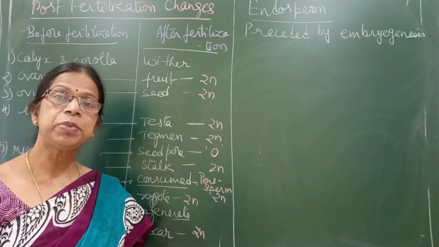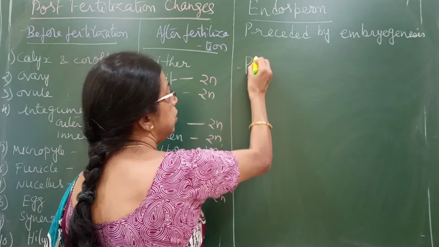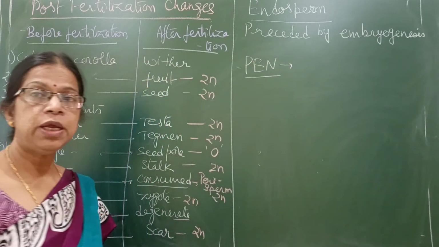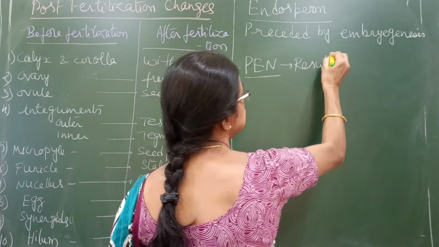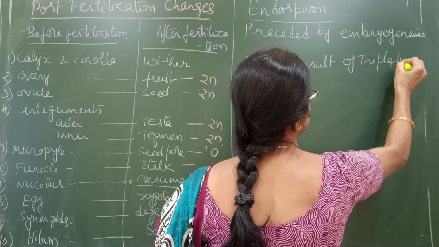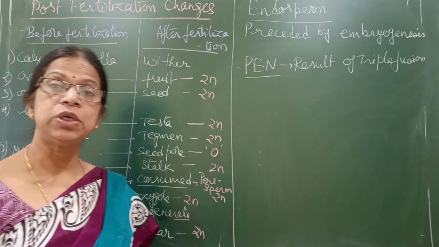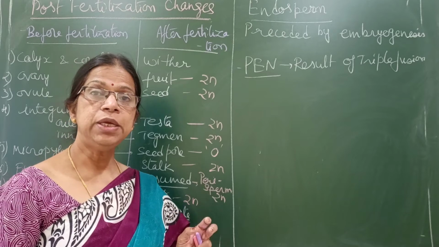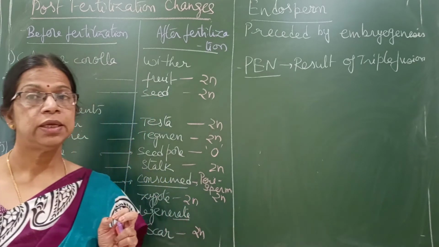In angiosperms, the endosperm is formed from the primary endosperm nucleus. The primary endosperm nucleus is the result of triple fusion. Triple fusion is the fusion of a male gamete with the secondary nucleus which is present in the embryo sac.